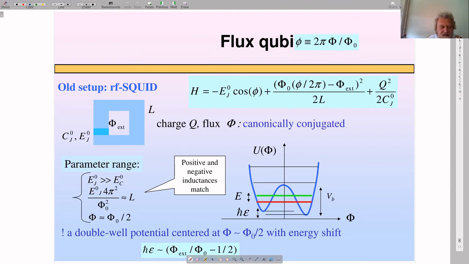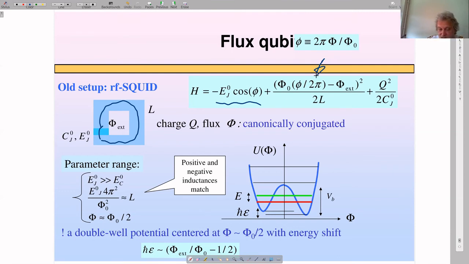One can start with the following setup. One can start with a Josephson junction, which is in a loop of finite inductance. Let me now write the energy as a function of phase. This is the energy of the Josephson junction. And this is the energy of this loop.